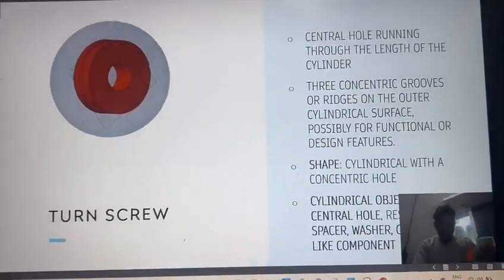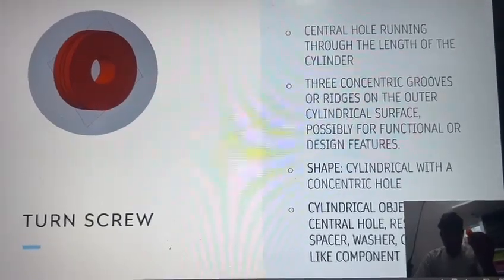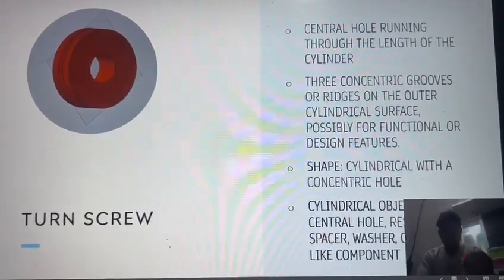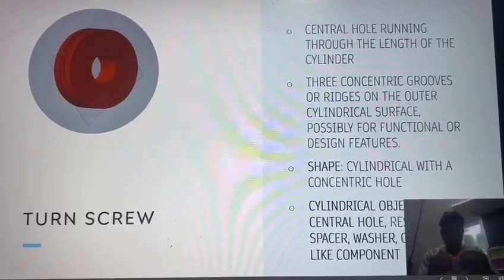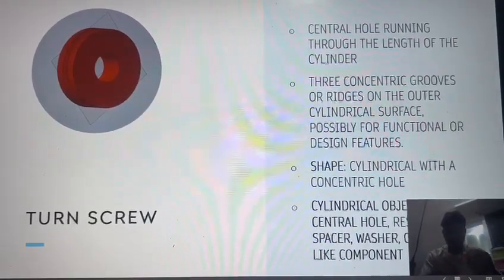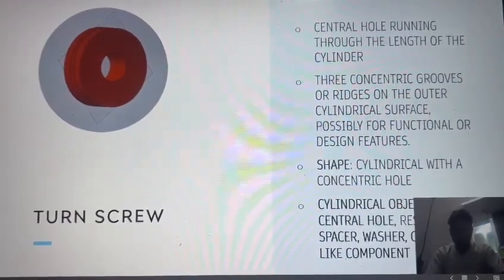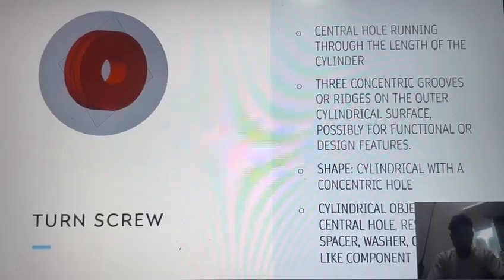The first part is the turn screw. It looks like this type. Turn screw, ring-like structure. It has a center hole running through the length of a cylinder, and three consecutive grooves on the outer cylindrical surface, possibly for function or design.